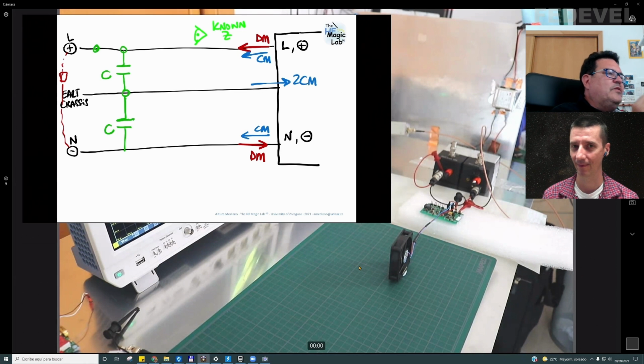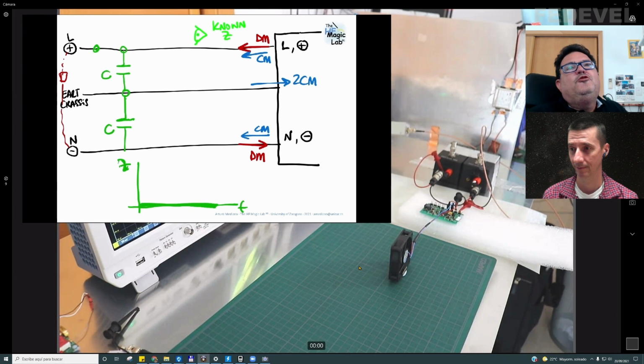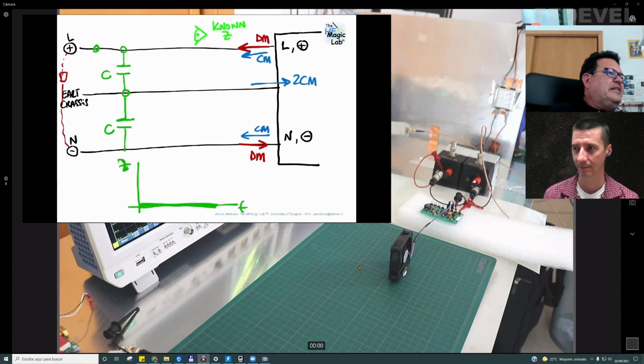So the idea is that if you put these capacitors, the impedance you see versus frequency, thanks to this capacitor, would be 0. This is not useful, it's a short circuit. So this is not what I want. Consider this capacitor is a short circuit. Now I introduce an inductor.